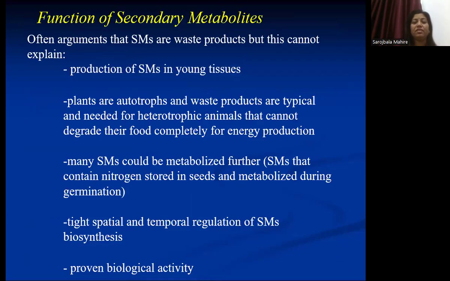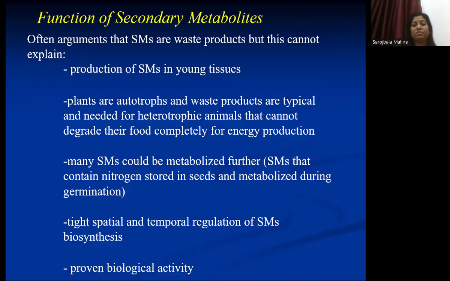Function of the secondary metabolites: often it is argued that secondary metabolites are waste products, but this is not totally true. We can explain by this example. The secondary metabolites are synthesized in the young tissue.